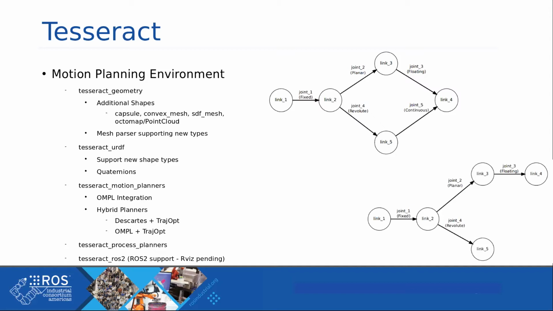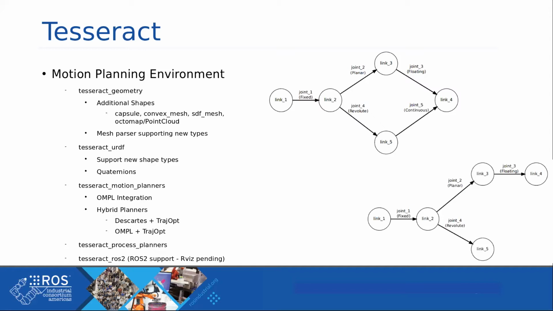SDF mesh is mainly supported by Bullet. It's a different type of collision shape that can handle detailed meshes, but also provides additional information, like how to get two objects out of collision, by leveraging a mesh-style signed distance field.